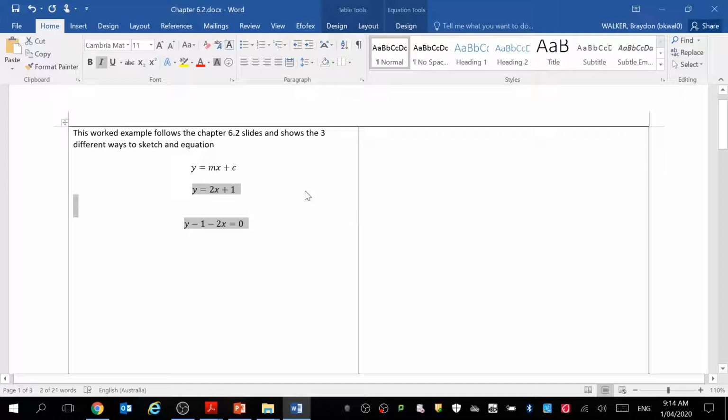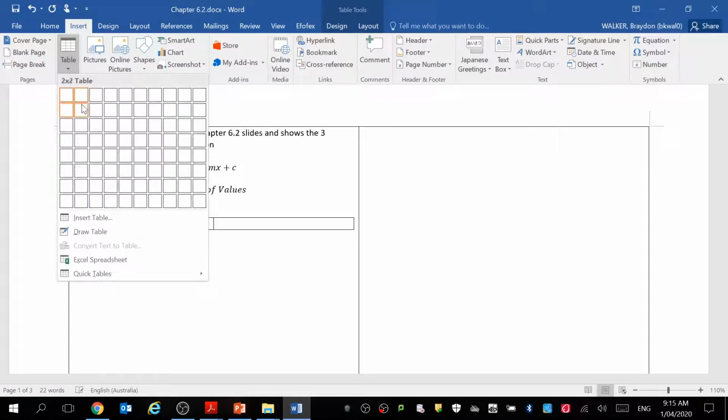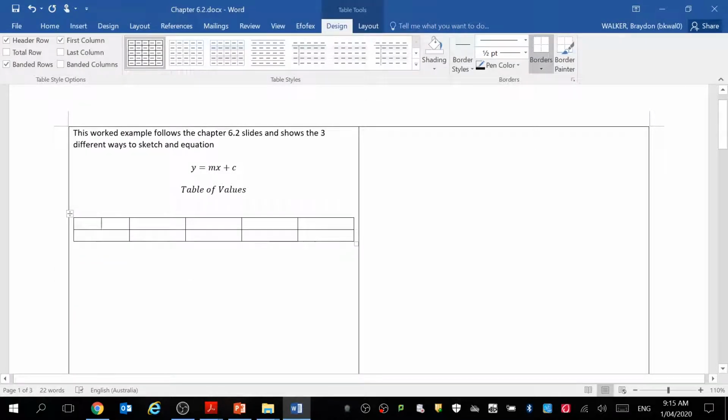Now, the first method I'm going to show you is the table of values. The way that a table of values works is we take a table, and we have an x value and a y value.